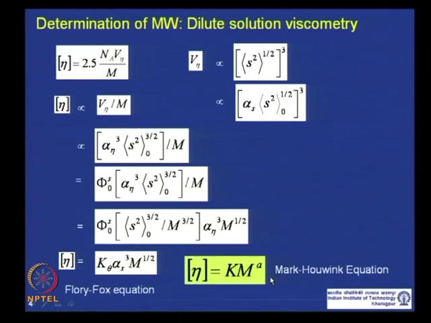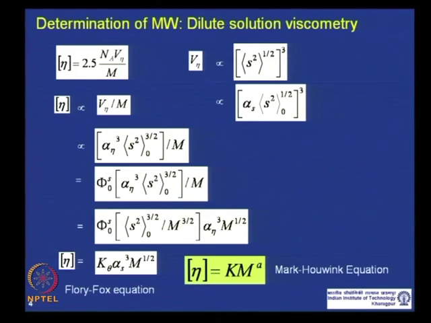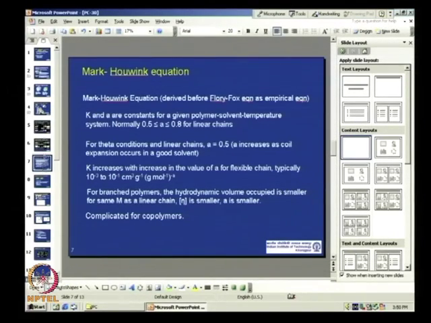This equation later we will use for determining molecular weight by dilute solution viscometry. So, please remember this expression where K is a constant and a is also a constant. We will learn more about K and a when we discuss the determination of molecular weight by solution viscometry.